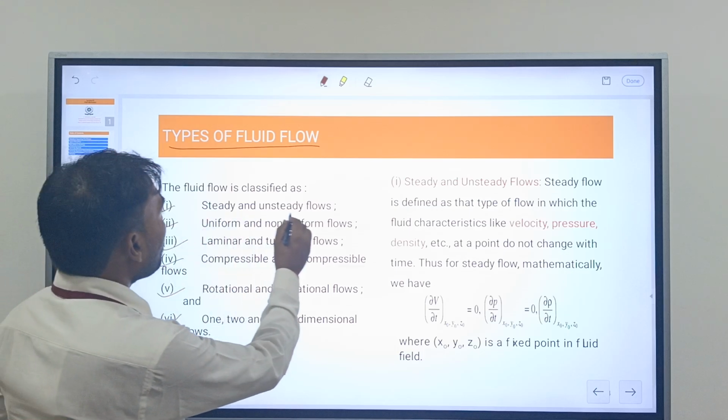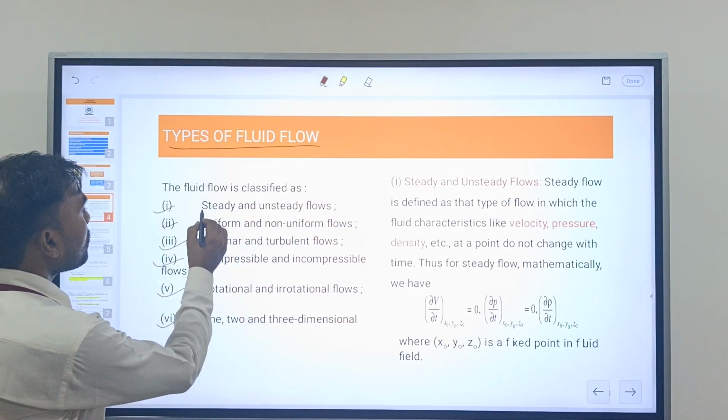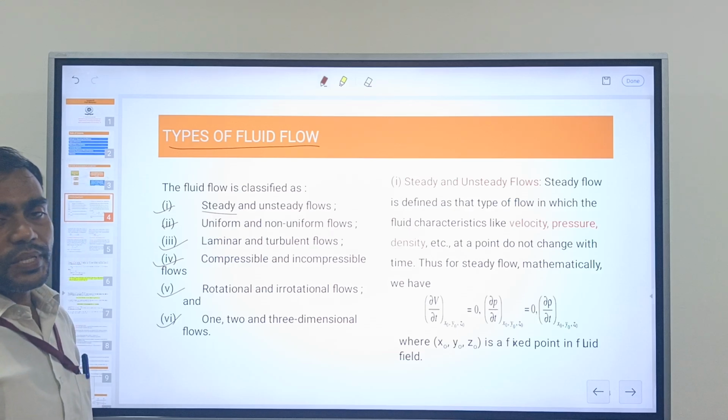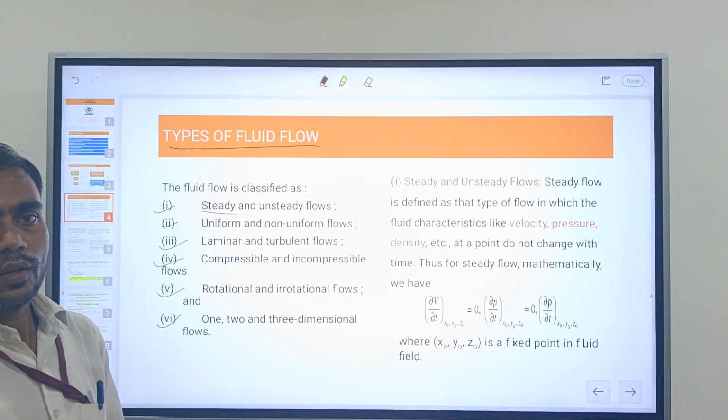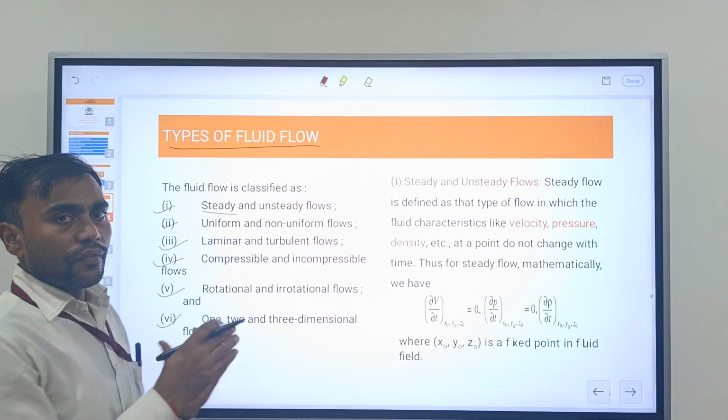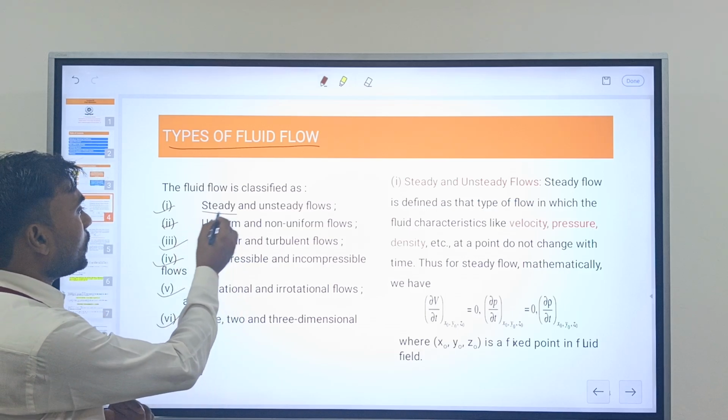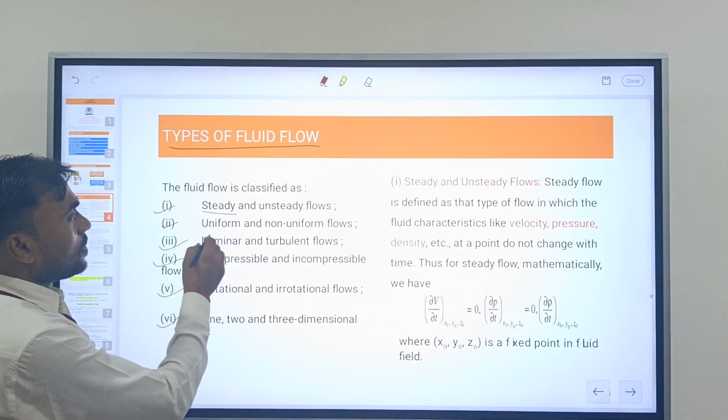That is the steady and unsteady flow. Steady means constant, whereas unsteady means variable. Let us discuss in detail.